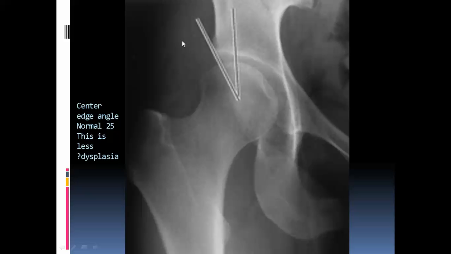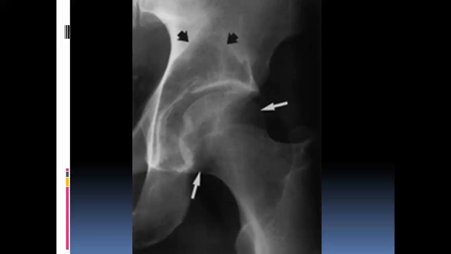That means shallow acetabulum or dysplasia. So if the center edge angle is decreased, it should not be less than 25. If less, this may indicate shallow acetabulum and dysplasia.